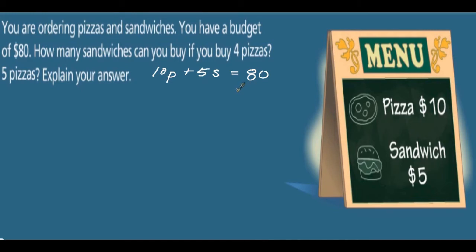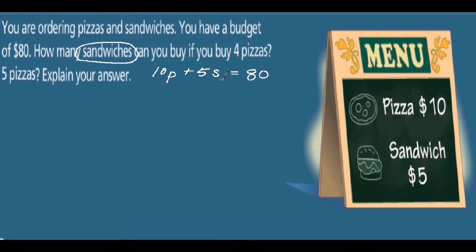Let's rewrite this. So we want to know how many sandwiches. Because we don't know how many sandwiches, we need to know how to solve for S. So we want S to be by itself.